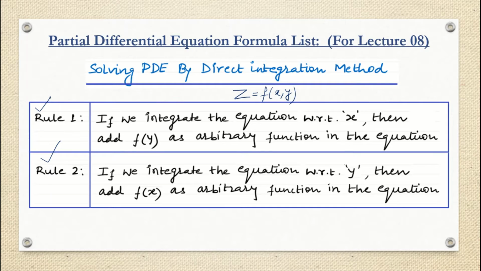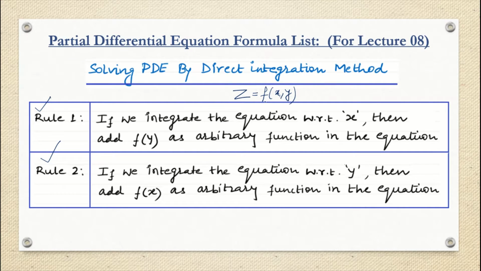Fine. So like how in the formation of PDE we used to find the derivative with respect to x and derivative with respect to y, right? Here also we will be finding integrals with respect to x and integrals with respect to y.